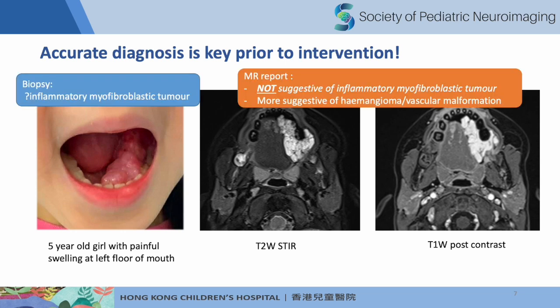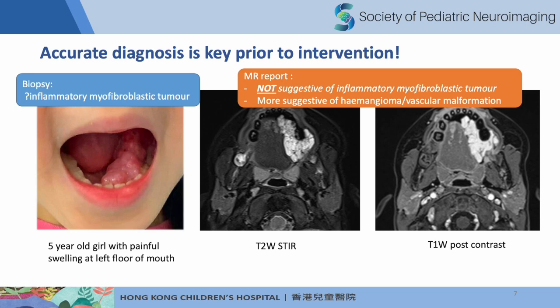The surgeons proceeded with a biopsy showing possible inflammatory myofibroblastic tumor. However, our MR report says the lesion is not suggestive of inflammatory myofibroblastic tumor, but more suggestive of hemangioma or vascular malformation.